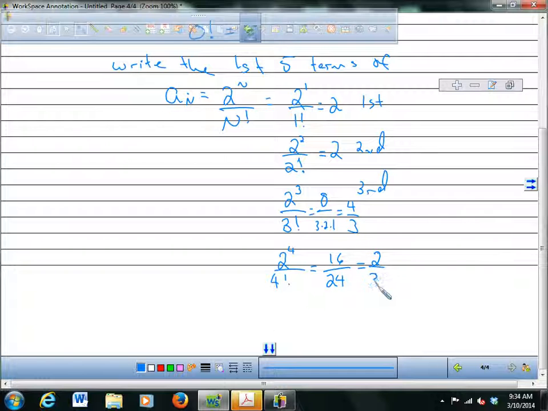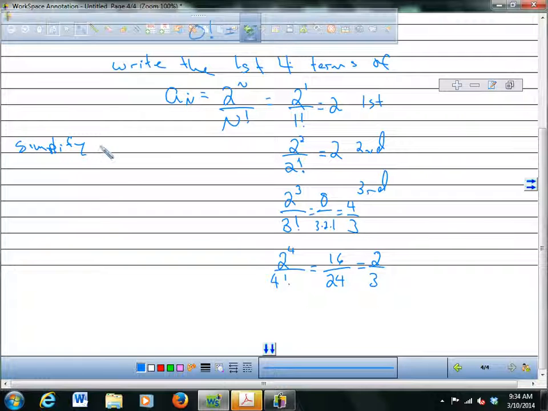That's 2/3. And so this is a sequence that it appears will go to 0 after a while. Okay? I only did the first 5, so let's change it.